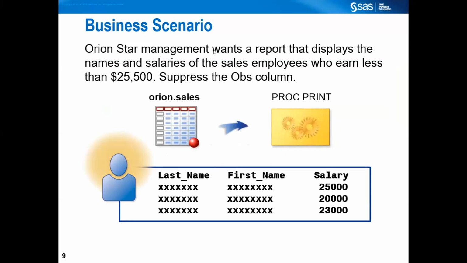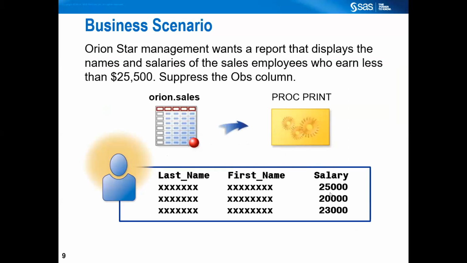Now, the next requirement is that we do not want to see all 165 observations in the output. The Orion Star management wants a report that displays the names and salaries of the sales employees who earn less than $25,500. So you do not want the obs column in your output either.